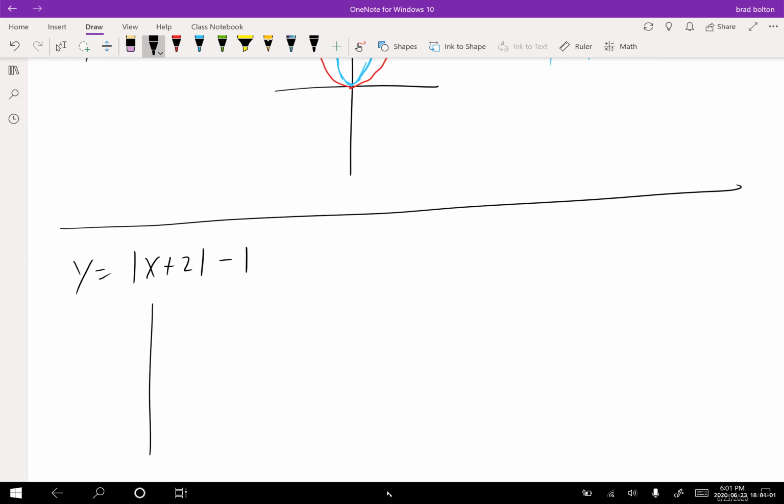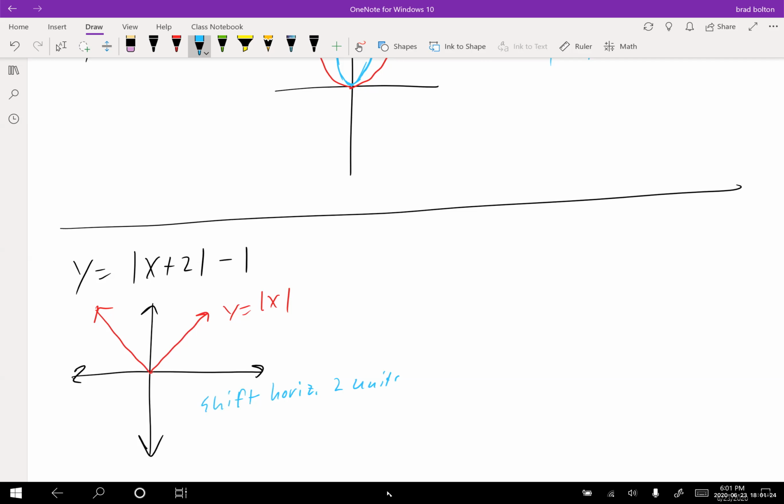So I know that from my library of functions, the normal absolute value function looks like that. That's the basic y equals absolute value of x. So what I'm going to do is take that same function and shift horizontally 2 units left and shift vertically 1 unit down.